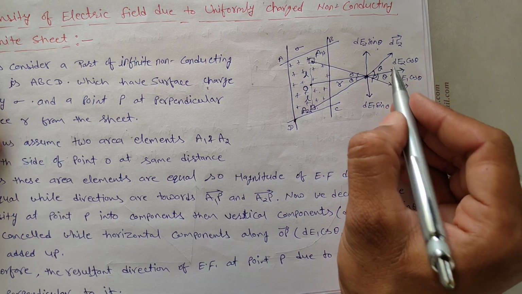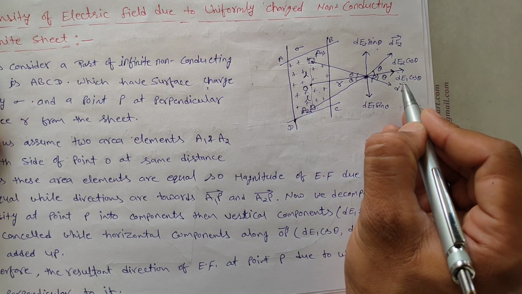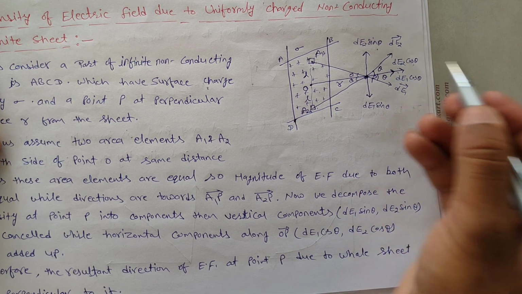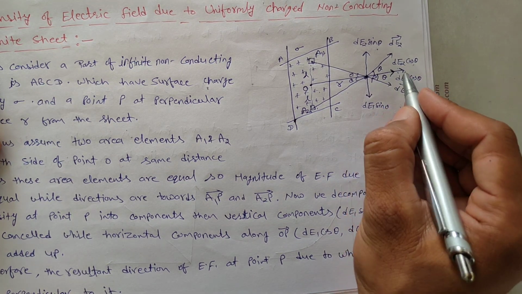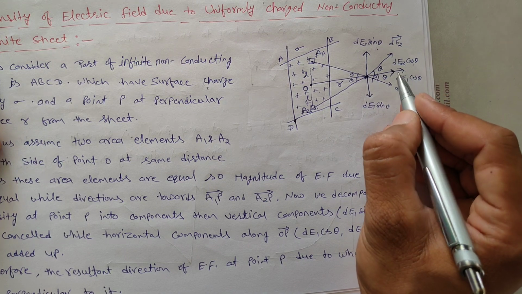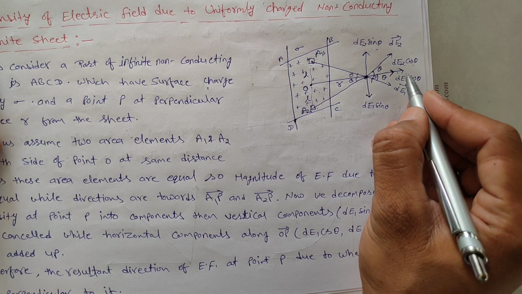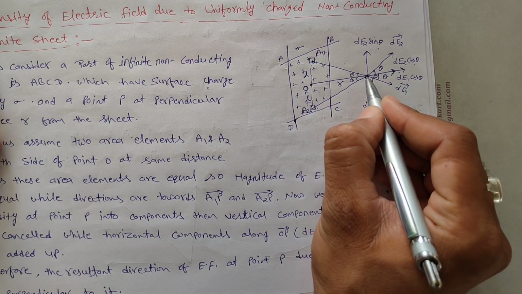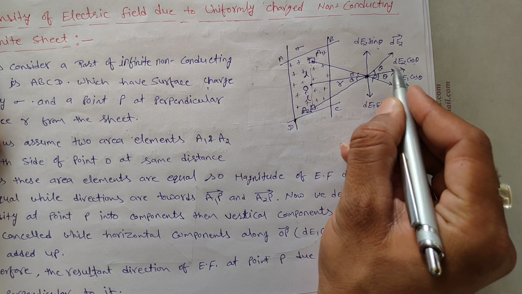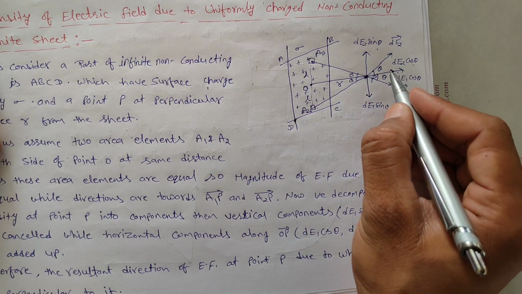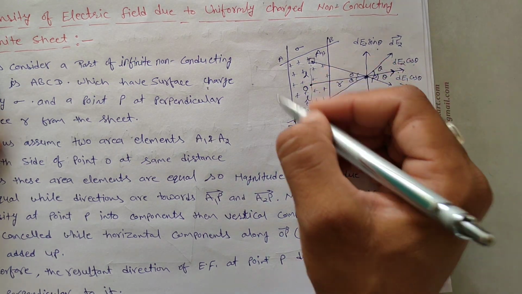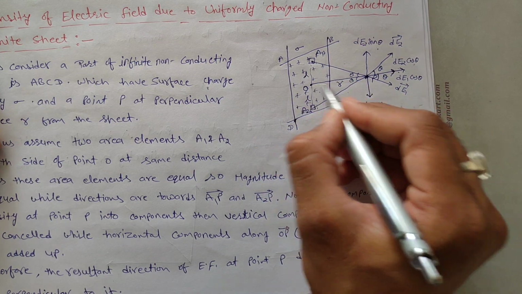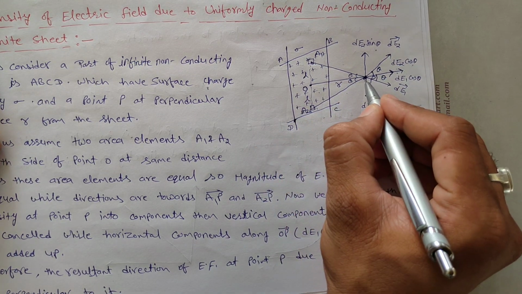But the horizontal components DE1 cos theta and DE2 cos theta are added up because they have the same direction and the same magnitude. So the resultant direction of the electric field at point P due to the whole sheet is perpendicular to this sheet. It means along the OP vector.